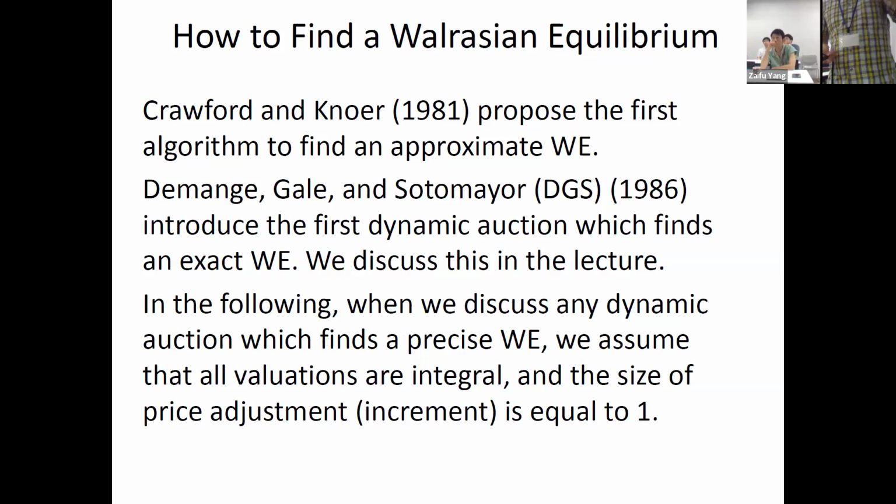Okay. Basically, Kelso and Crawford presented the first algorithm to find an approximate Walrasian equilibrium. The argument is that, in order to get the existence of a Walrasian equilibrium from the approximate procedure, you take a sequence of increment sizes converging to zero, and then the limit will be a competitive equilibrium.